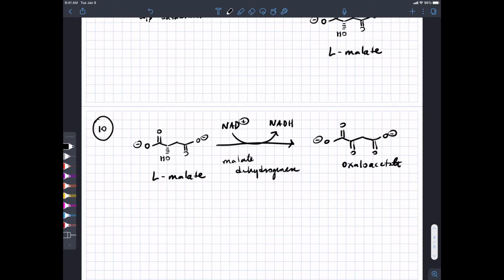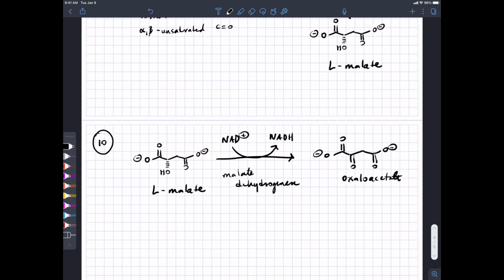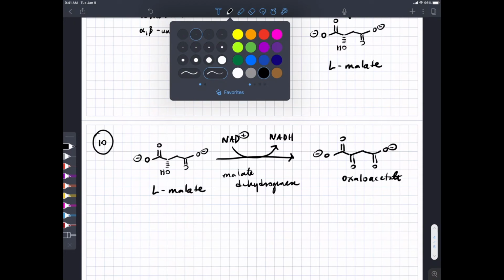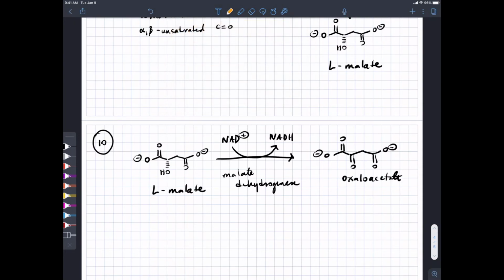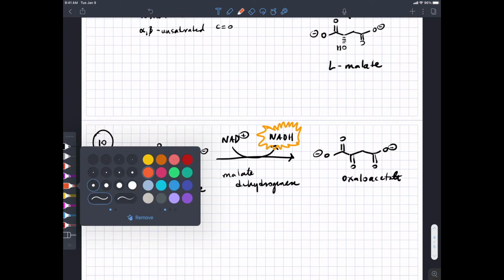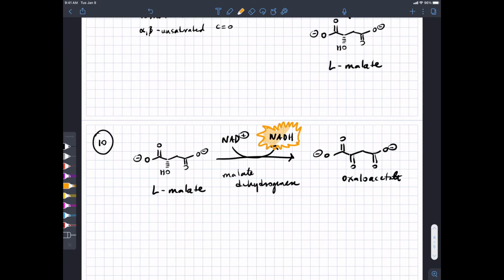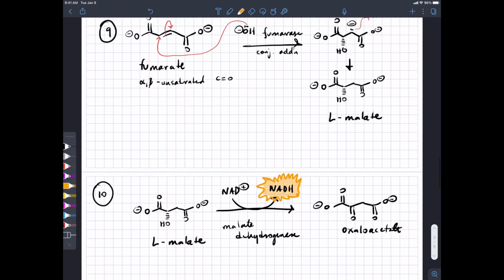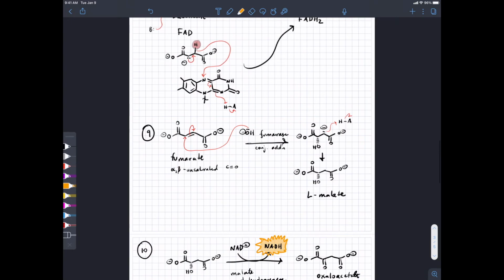So let's try to keep track. Maybe we'll use celebratory firework explosion indicators for energy-rich molecules. So we've got one NADH.